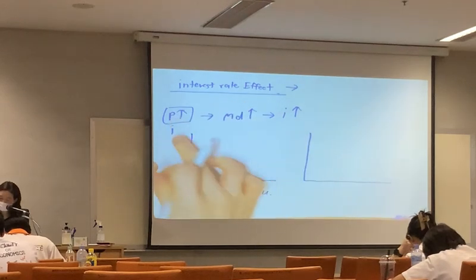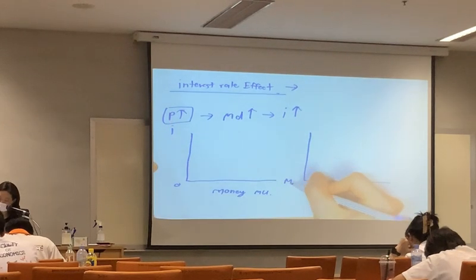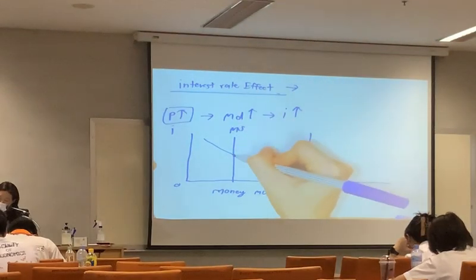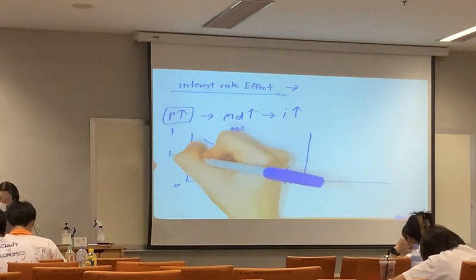So this axis is the interest rate, this one is the money supply. This one is MD, MS. You can use the graph in the slide. You don't need to draw it again.